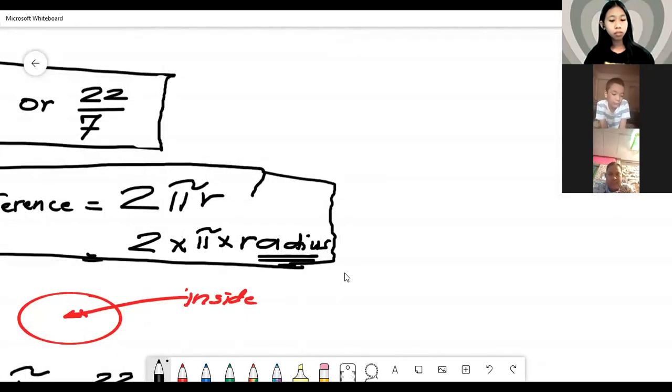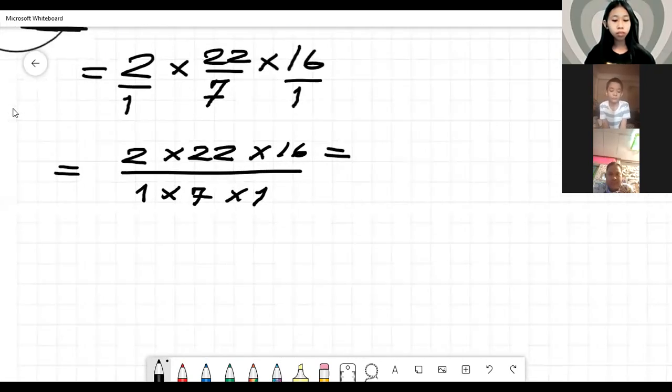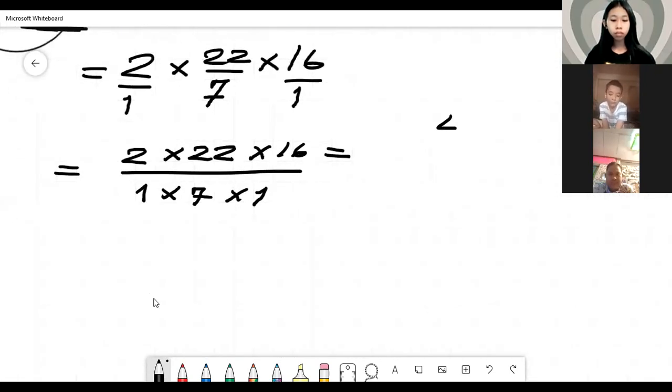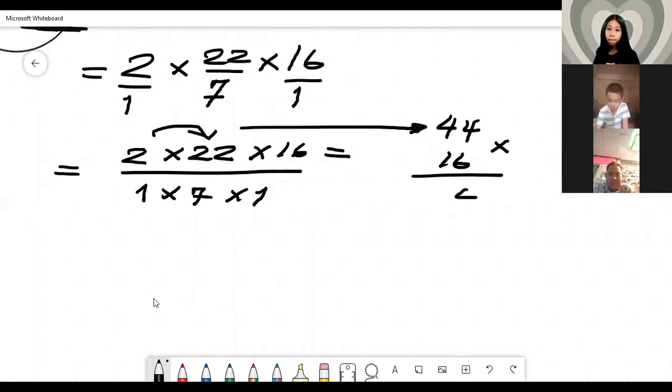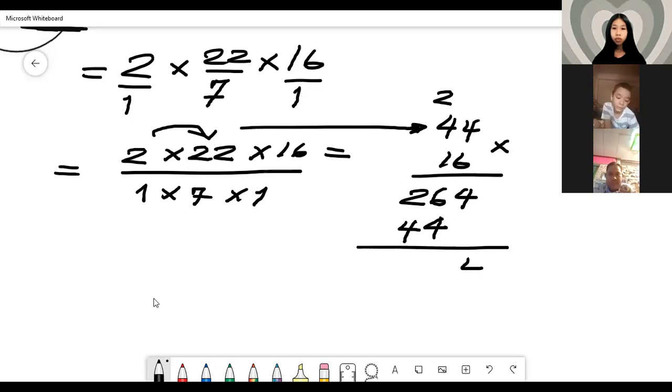Then 44 times 16. 6 times 4 is 24. 6 times 4, 24, plus 2, 26. 1 times 4 is 4. 1 times 4 is 4. So 704.